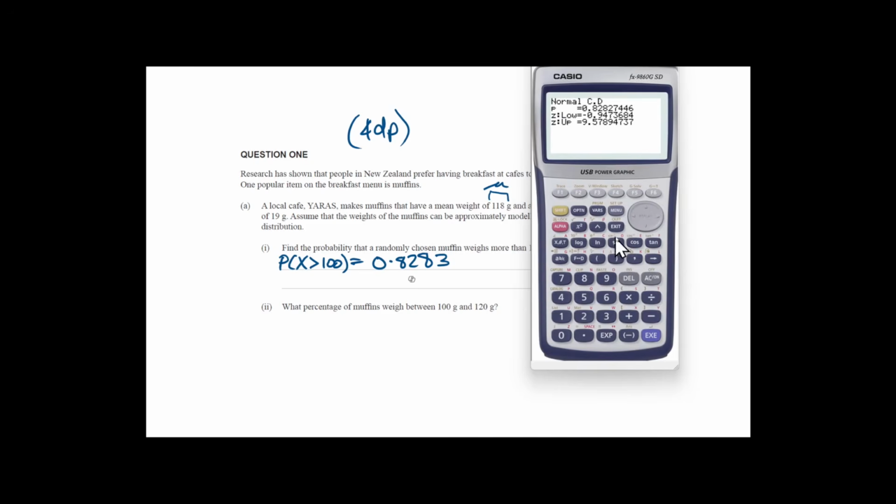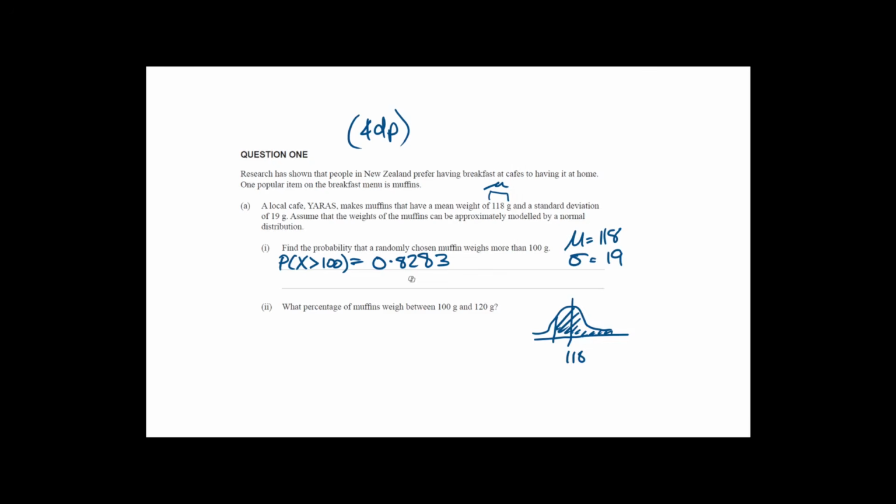Let's exit out of there, and now the lower is still 100, but the upper is going to be 120. If we were to draw this, here is 118, here is 100, and here is 120 about there. We want that area there.